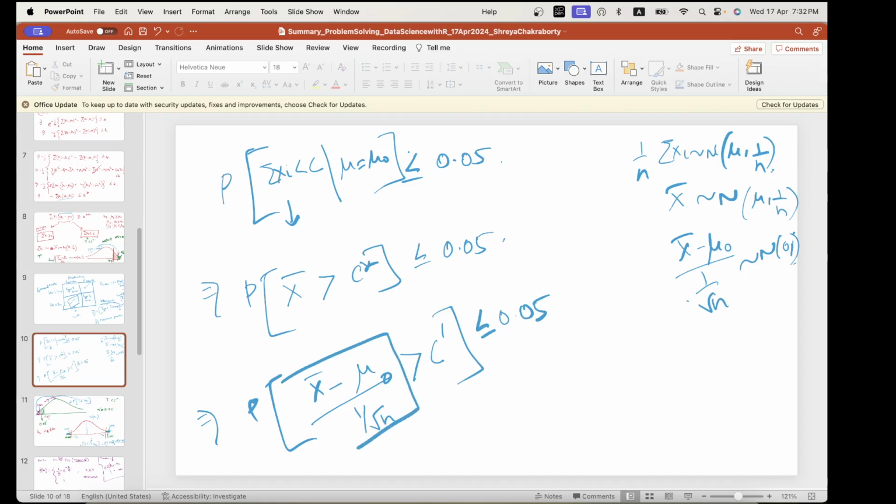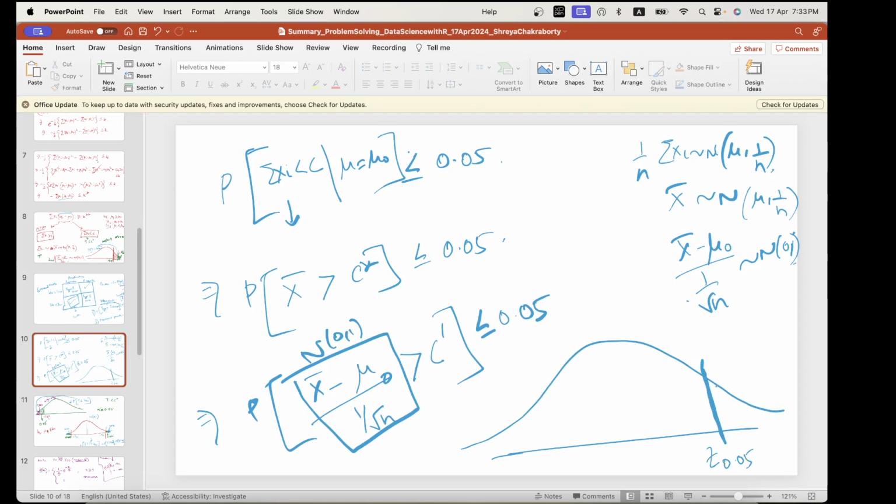Now this one we know is a normal 0, 1 distribution. We have to find c such that the probability of this quantity exceeding c should be less than 0.05. So that is how we define this cutoff point. That is, let's say Z 0.05, which will be 1.64 in case of a normal 0, 1 distribution.